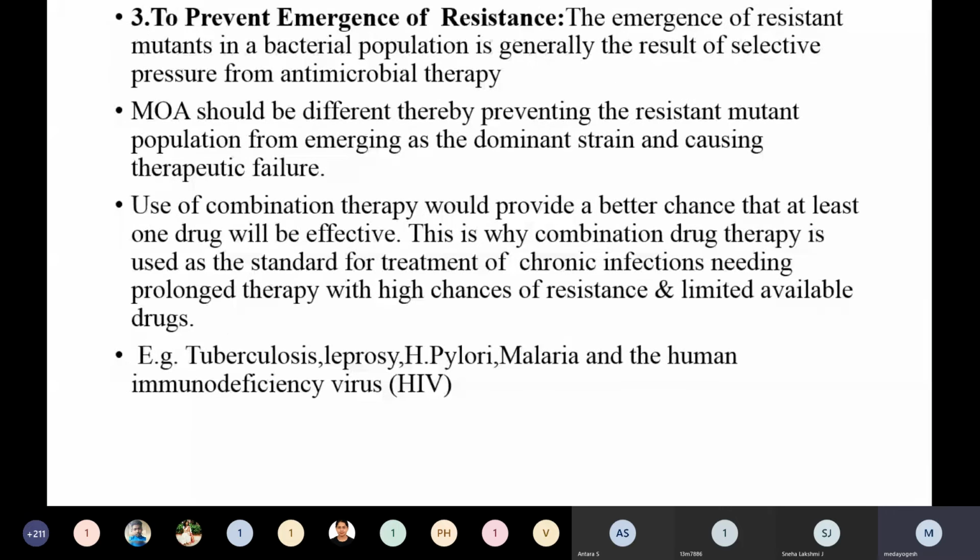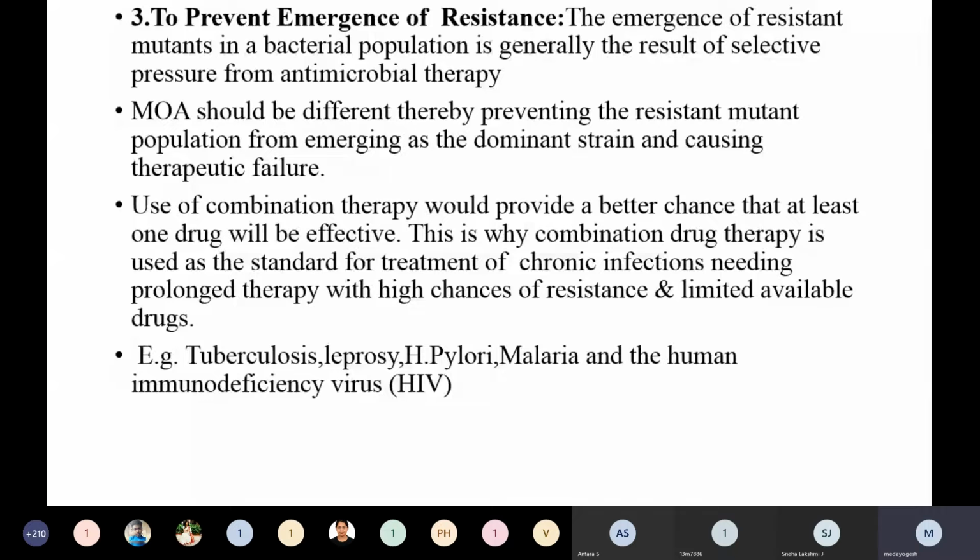And the next very important reason why we go for combination is to prevent the emergence of resistance. This is because of selective pressure from antimicrobial therapy. So whenever you are combining, we should see that the mechanism of action of the two drugs is different.